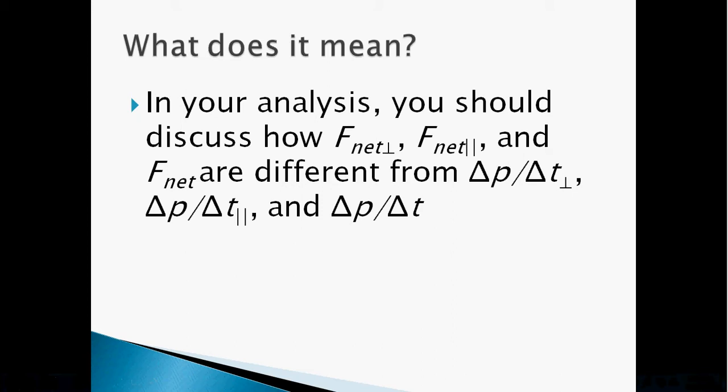However, it should be noted that it is the net force, or all of these net forces, that cause all of these changes in momentum. So even though they have the same value in this problem, they represent two very different things.